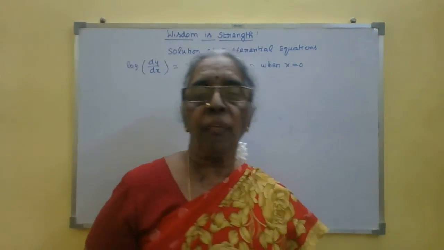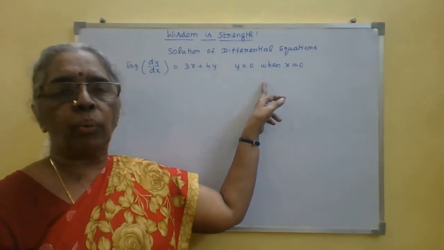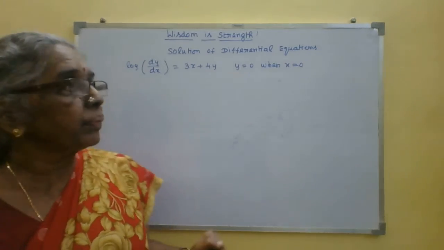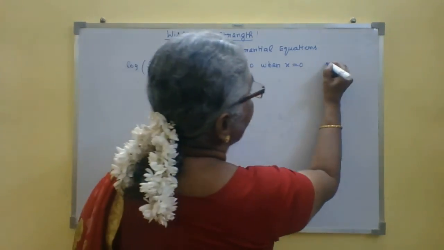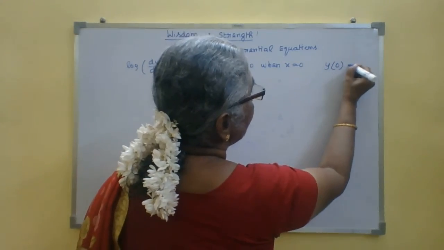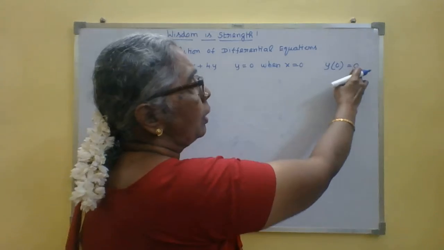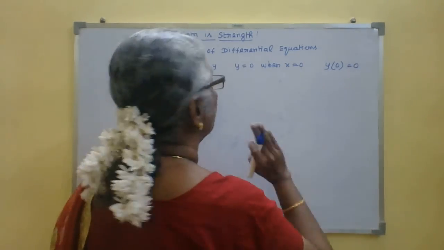Whenever they ask you to find a particular solution, they will give you the x value and y value to find the value of the arbitrary constant. Here, this is one way, straight away given, or the other way is they can give like this: y of 0 is equal to 0. This bracket gives the x value. This denotes the y value. Remember that, like this also they can give.